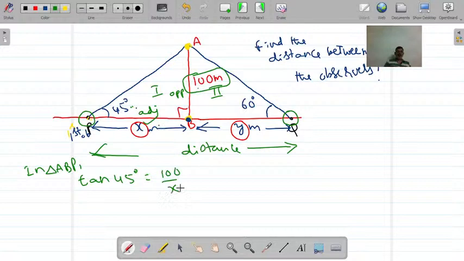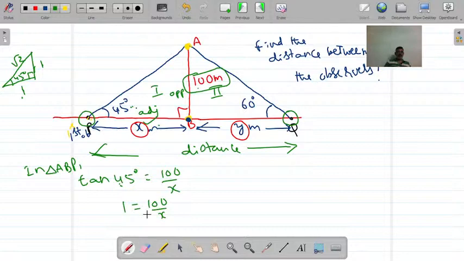But what is the value of tan 45? You can just consider it like this. This is 45 degrees and we know that the ratio is 1:1:√2. Here I considered the ratio of opposite by adjacent, so 1 by 1, that is 1. So 1 is equal to 100 by x.